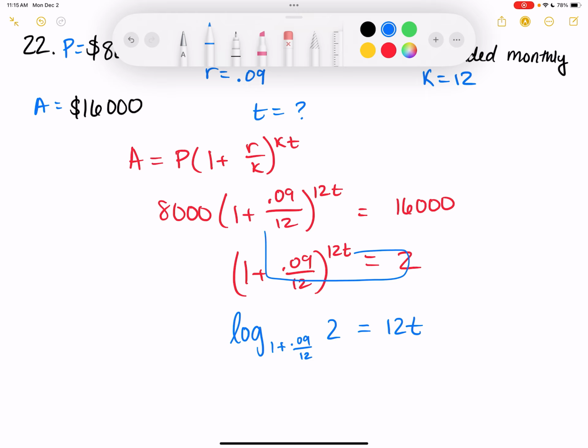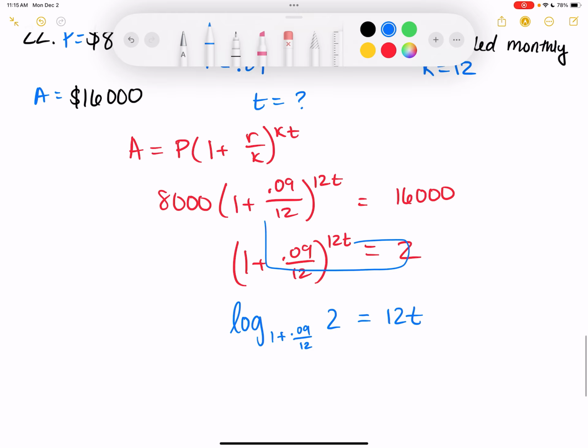I got 92.765. And then we'll divide that by 12.